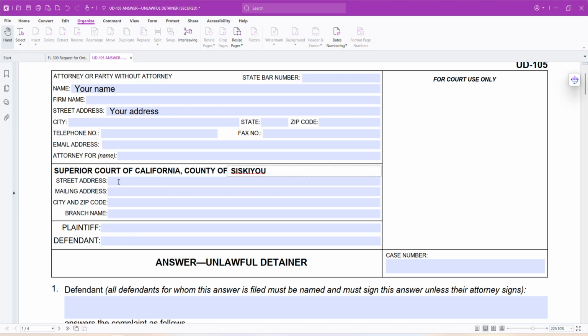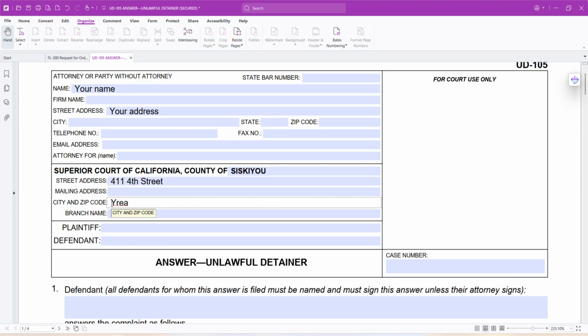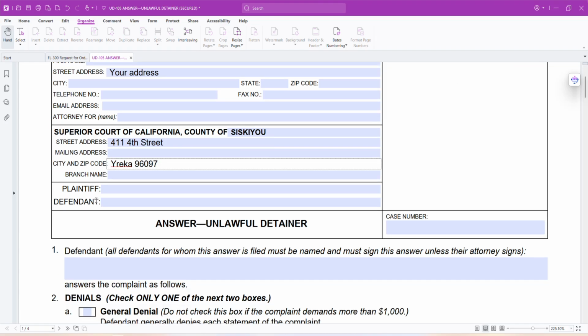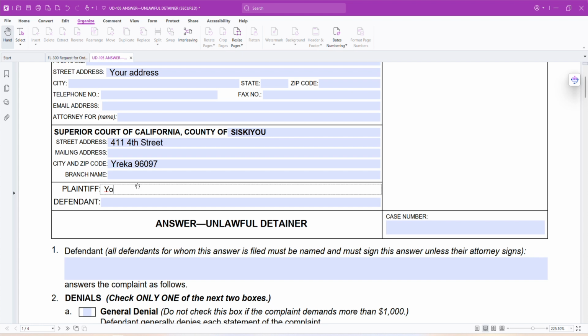If you handwrite this form, please use blue ink or black ink only, and not any other color. So then our address here in Siskiyou County is 411 4th Street, Yreka 96097.